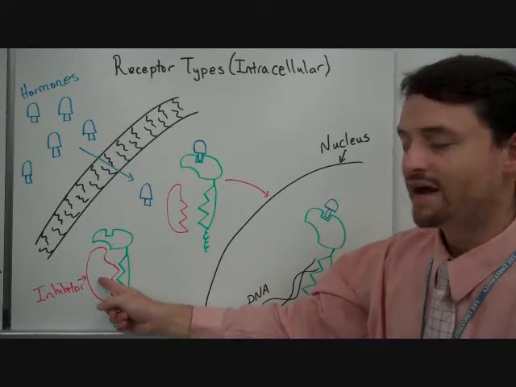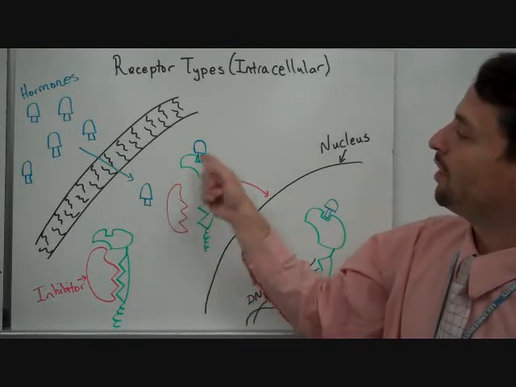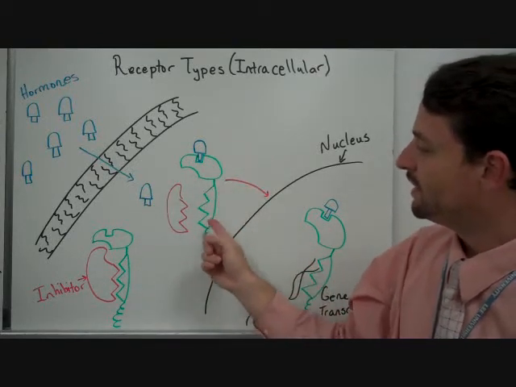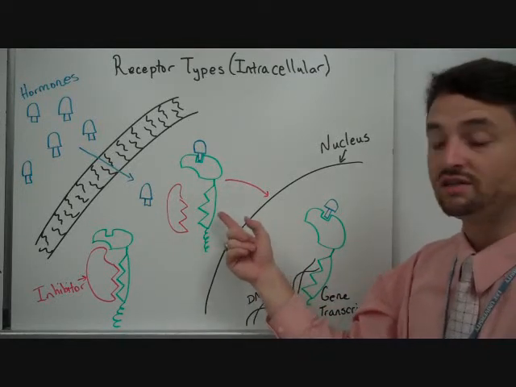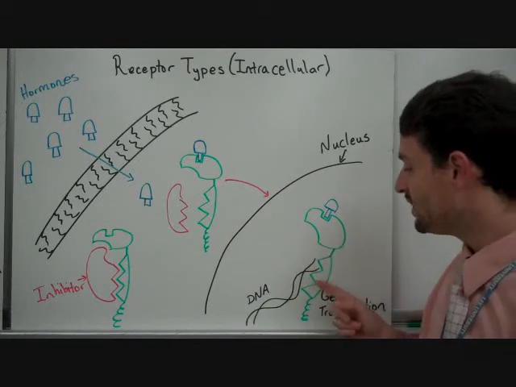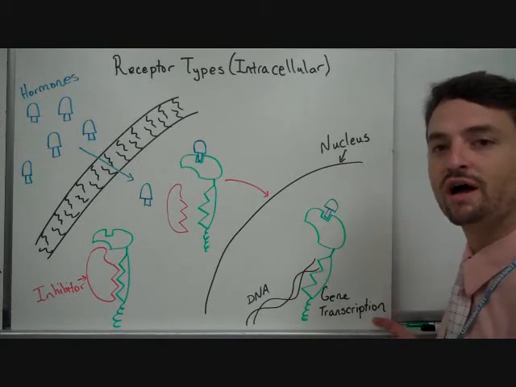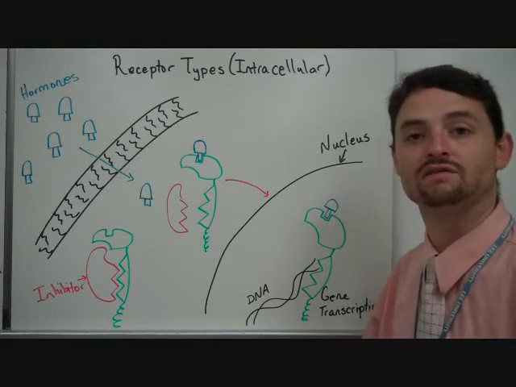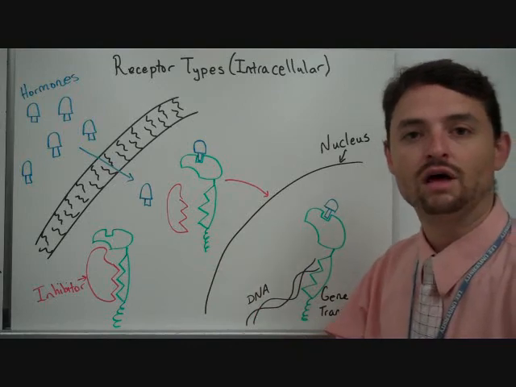Right now it's got an inhibitor attached to it, meaning it's turned off. So the hormone attaches to the protein, the inhibitor releases. This protein, in this case, goes into the nucleus, binds to the DNA, and causes a gene to be transcribed. In other words, turning on some kind of gene in the cell. And this could cause various responses.